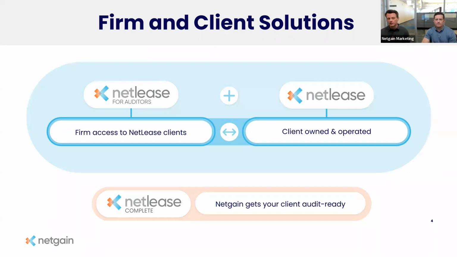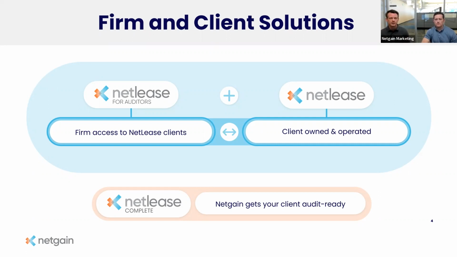And if any of your clients want to purchase a subscription of NetLease on their own, they'll have their own client-owned and operated version of the same tool, and they will automatically flow into your firm's tool. So you can either have read-only access as the auditor, or more commonly have edit access, which is where a lot of our firms are generating revenue, consulting around the implementation of ASC 842 in conjunction with their clients.